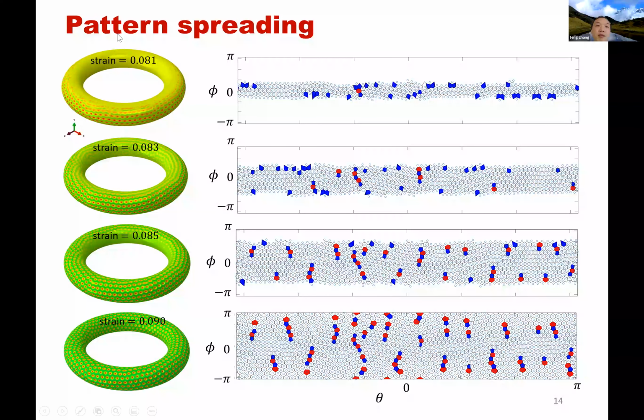When the expansion is small, the hexagonal pattern starts at the outer surface in only a narrow band. When we further increase the strain, this band width increases. The pattern propagates from the outer surface to the inner surface, and at a certain value, the pattern will cover the whole torus.